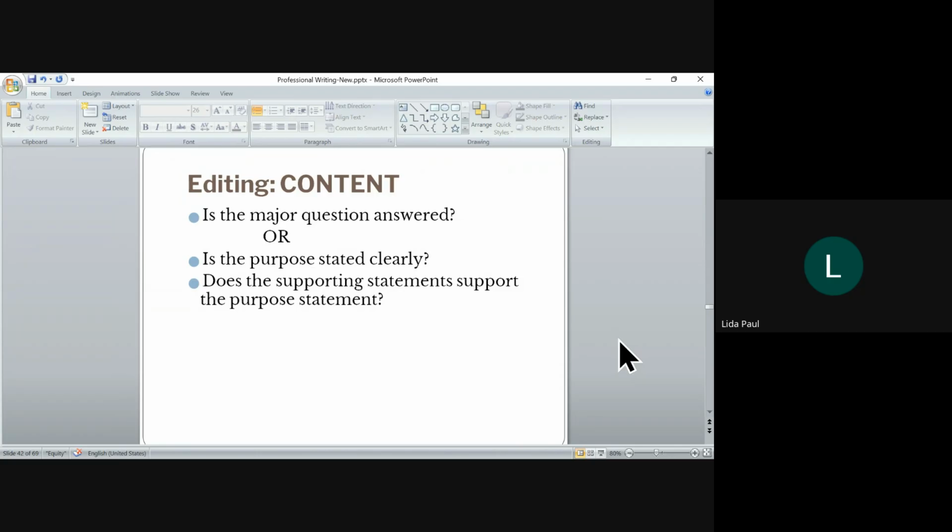This is the first part when you're editing the content. Additionally, you will look at, do the supporting statements support the purpose statement? This means, has the detailed statement that you've included after your purpose line in the email given additional and enough details about the purpose stated clearly or not? So technically, you're going to check the first two sentences and see if they're doing their work properly. This is for email, right?